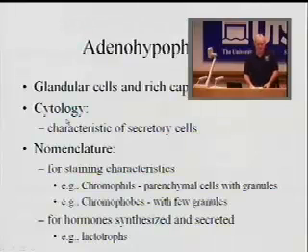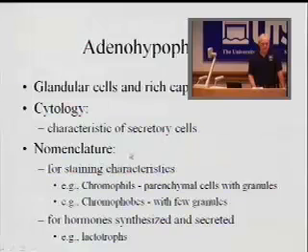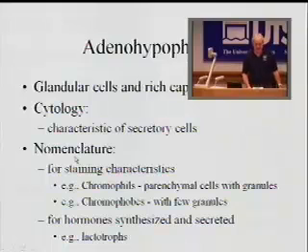So that seems obvious, but I just wanted to state it since we just distinguished between them. So what are the characteristics of the secretory cells, and as well a little bit on the nomenclature. We're not going into great detail on these, but we are going to touch on them so we understand, at least from the historical perspective, the terminology for these cells and the ways of characterizing them.